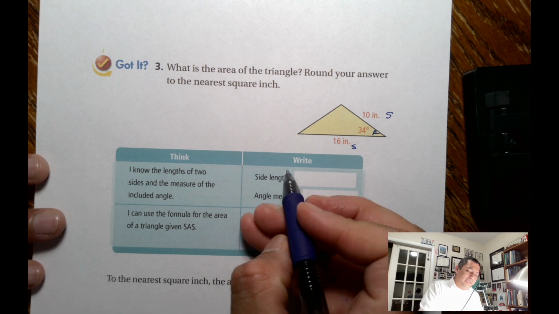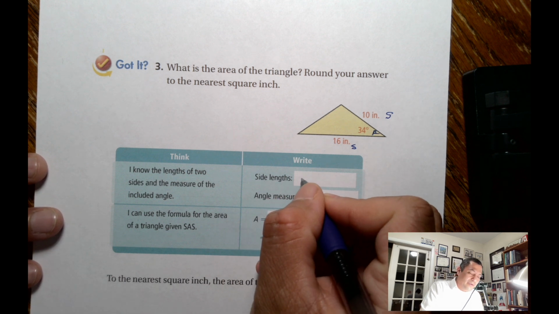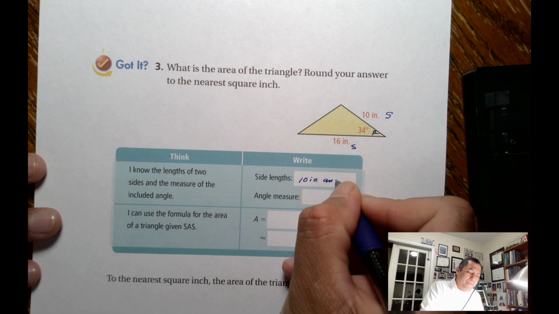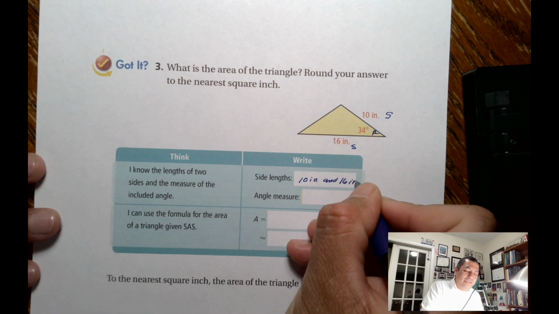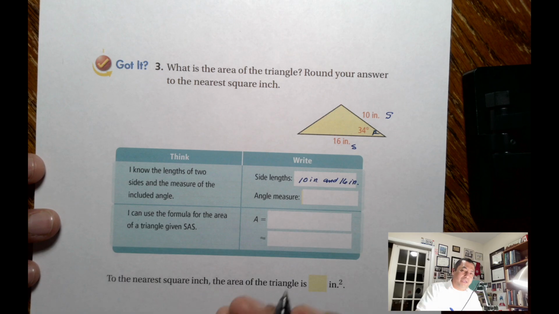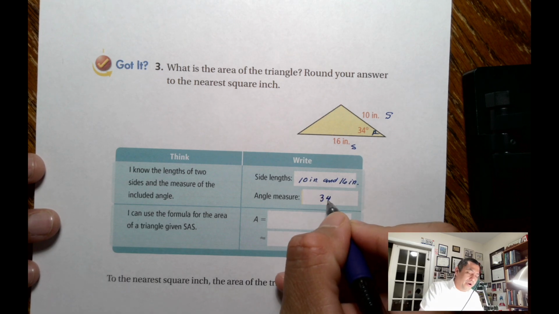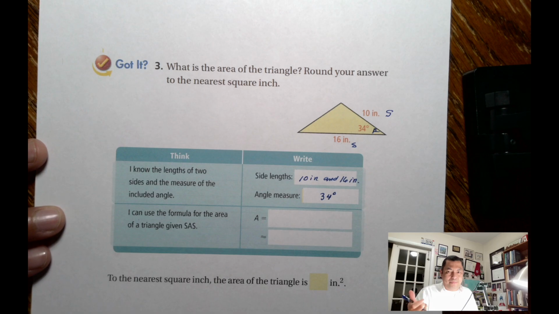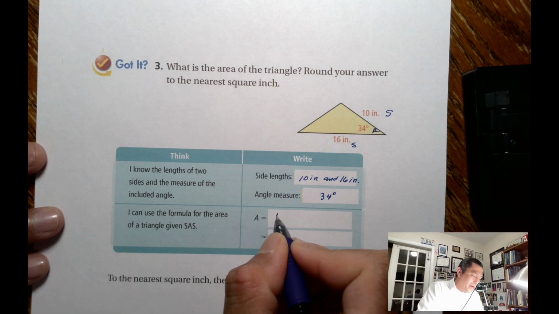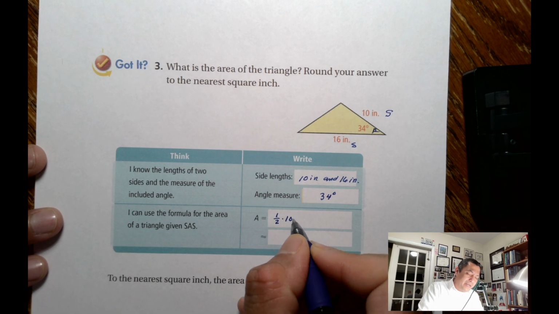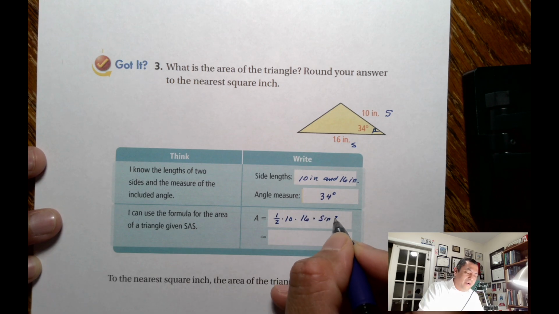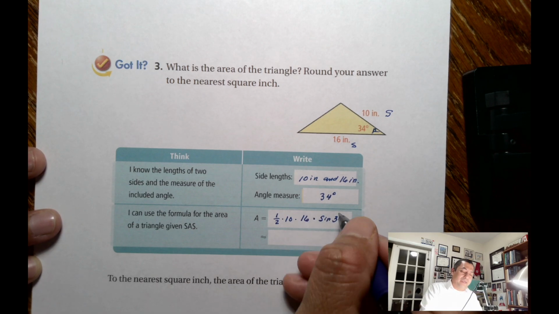So let's write this one. What are the side lengths? So I have 10 inches and 16 inches. Okay. What is the angle measure? It's 34 degrees. What is the product? So if I use the formula 1/2 times 10 times 16 times the sine of 34 degrees.